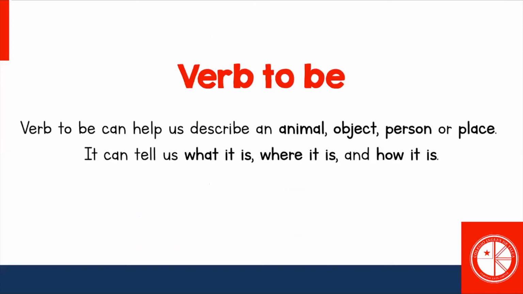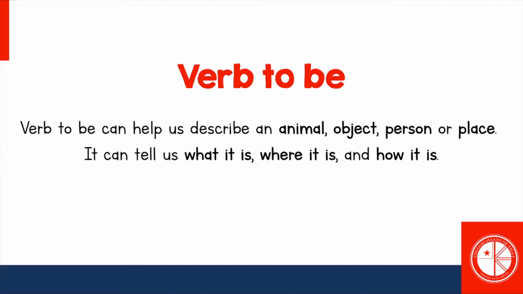Now, in the verb to be, we say that it can help us to describe an animal, an object, a person, or a place. So it can tell us what it is. For example, she is a girl, he is a boy, you are a person, they are people, we are students. It can tell us where it is.